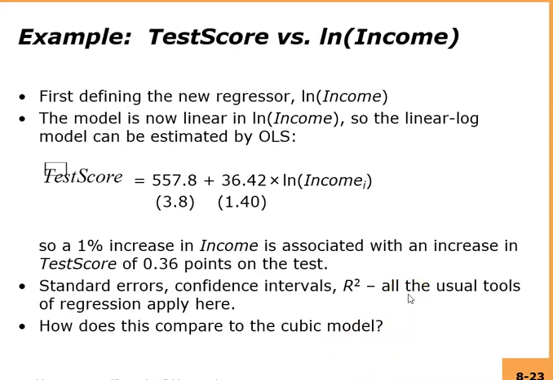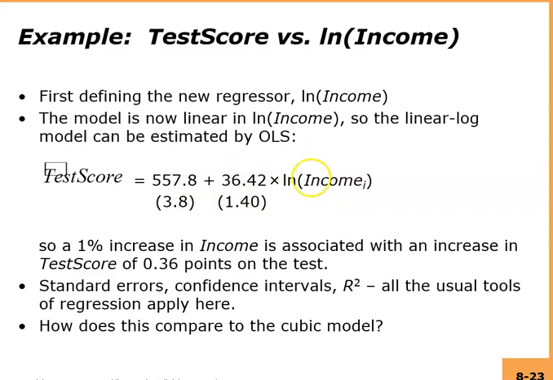Sticking to the example of the relationship between test scores and income, if we take the log of income and include that in the regression equation and estimate it, we get these coefficients. So 557.8 is the constant or beta naught, and 36.42 is the coefficient of the log of income.